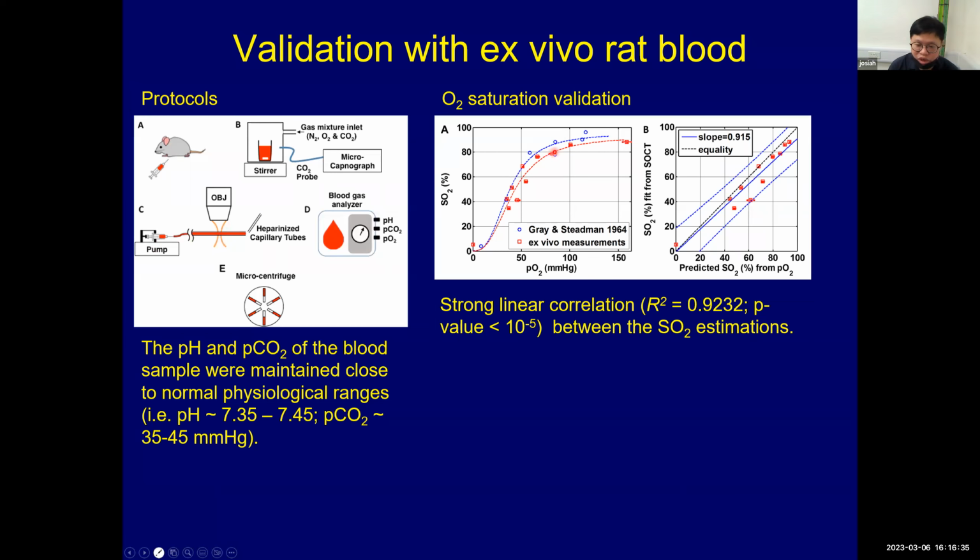This is one validation we've done before that showed that we can closely predict, from the OCT signal, the saturation value of the mouse blood.